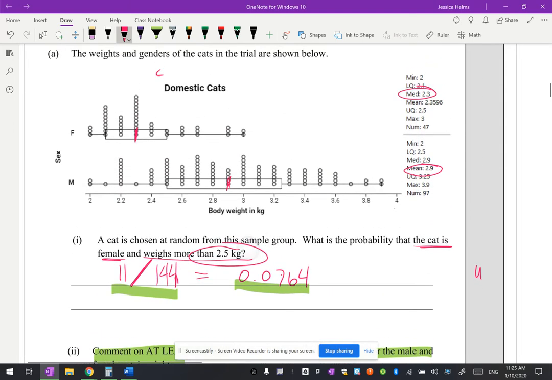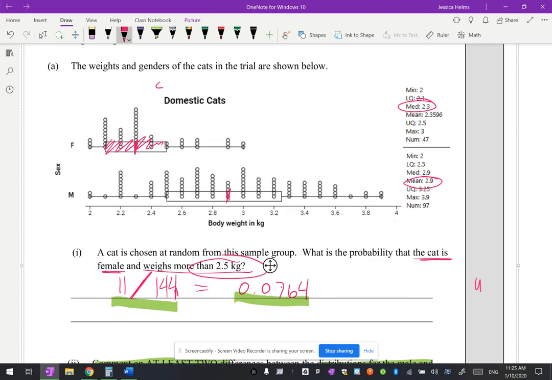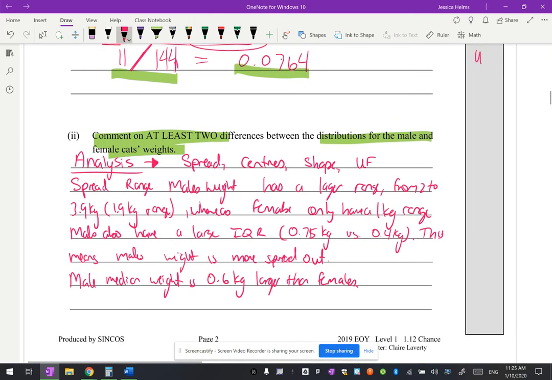When we're talking about centers, we can also talk about the boxes themselves. We can talk about the shift of the box. The male interquartile range is shifted further to the right than females.